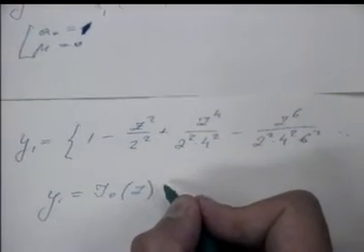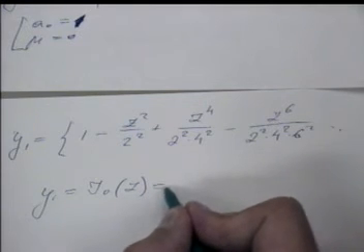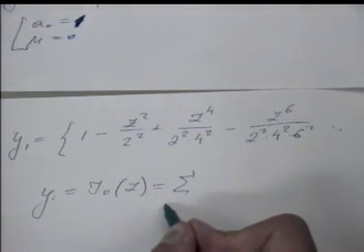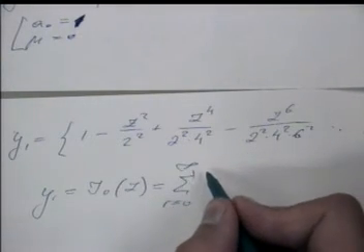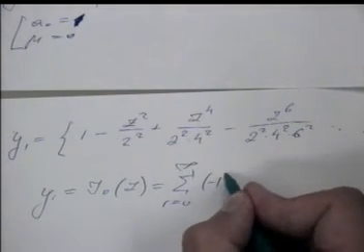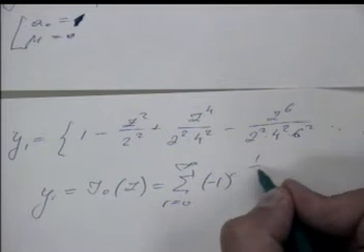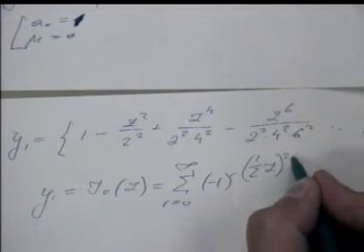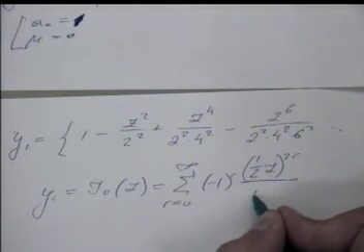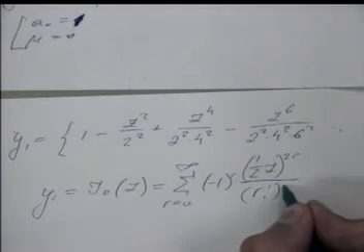So we have the summation sign for r equals 0 to infinity, minus 1 to the power r, (1 over 2 z) to the power 2r, over r factorial squared.